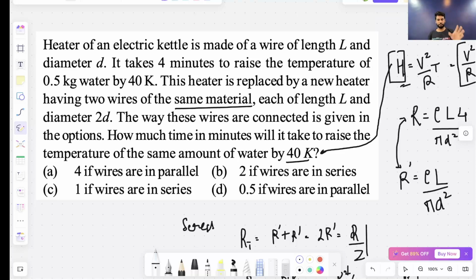Of course, if you buy a heater at home, one heater is not going to work on a different voltage from another, because your home has a voltage of 220 to 240 volt. So every equipment that is made should only be 240 volts, so that it makes sense that all the home equipment should have the same voltage. So V is going to be the same in all the cases.